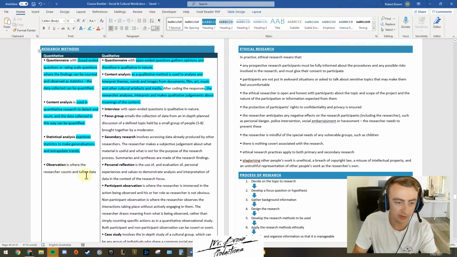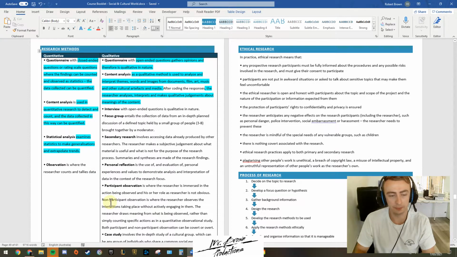So observation is pretty much where the researcher counts and tallies data. An example might be if you were to walk in the playground at lunch and you wanted to conduct an observation on the amount of students who don't put their rubbish in the bin, even though it's right next to them.